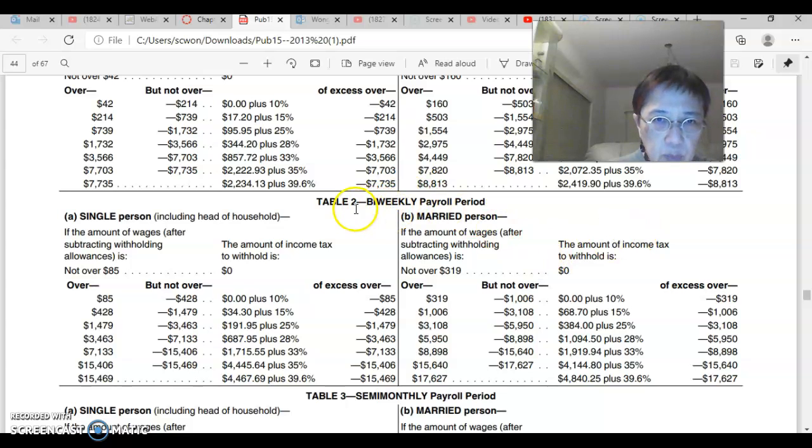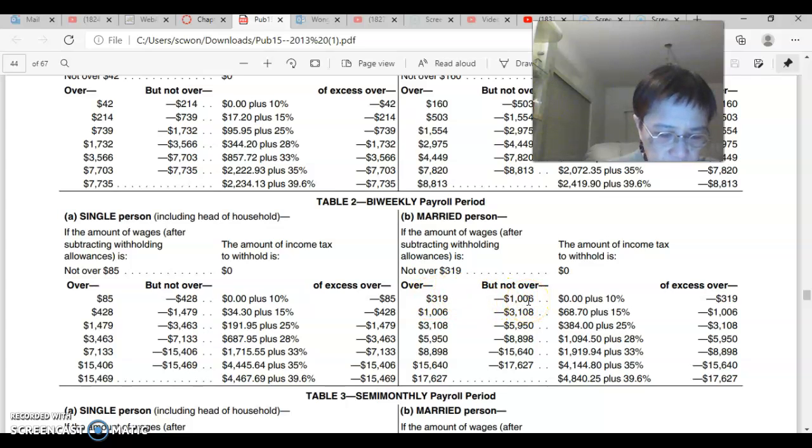So this is the table that we should look at, bi-weekly, married. Okay. After the withholding, he got paid $990. 990 is over 319, but less than $1,006. So it's between this range.